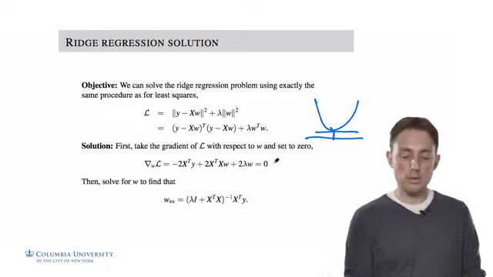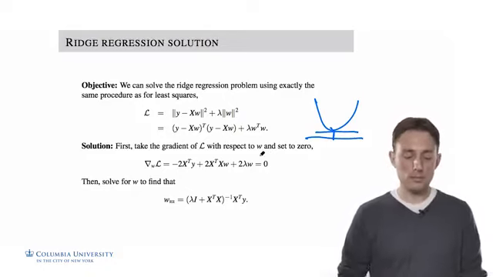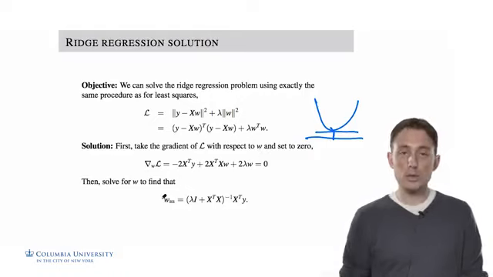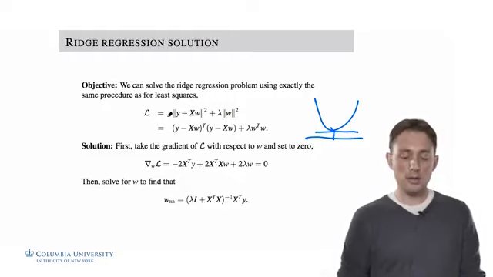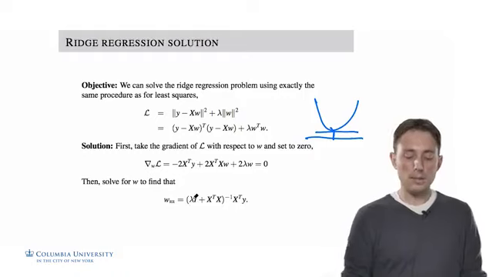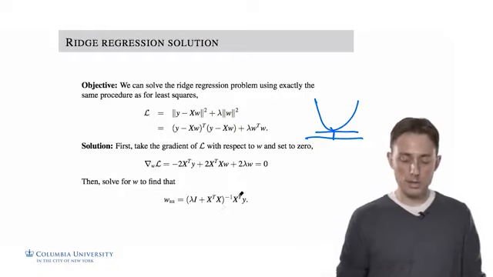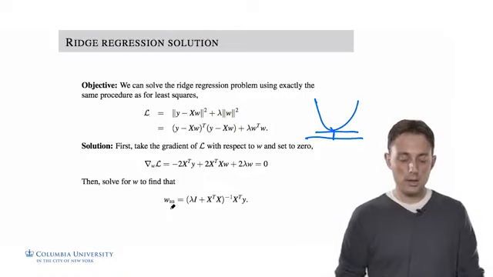We set it equal to 0 and try to solve for w. In this case, we can solve for w in closed form, and we find that the ridge regression solution, the vector w that minimizes this objective, is equal to the inverse of lambda I plus X transpose X, times X transpose y.